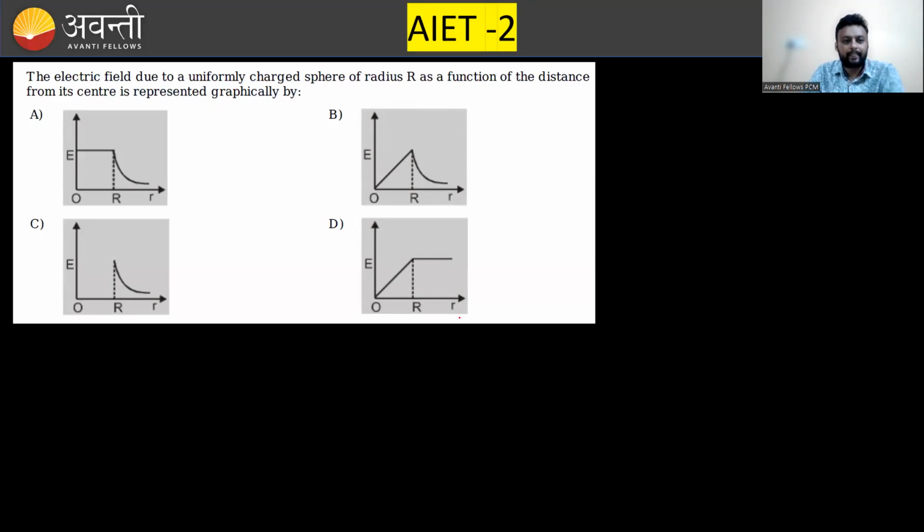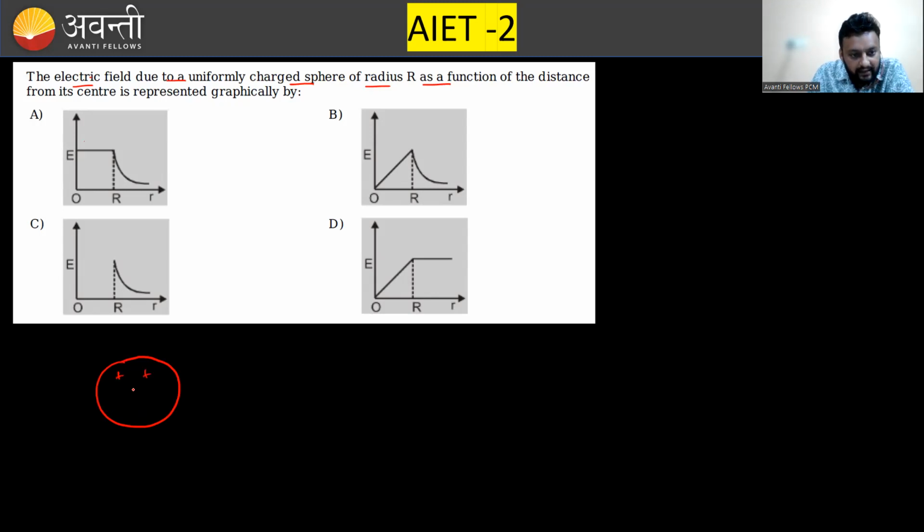So what it says: the electric field due to a uniformly charged sphere of radius r. Okay. So there is a uniformly charged sphere, like this.